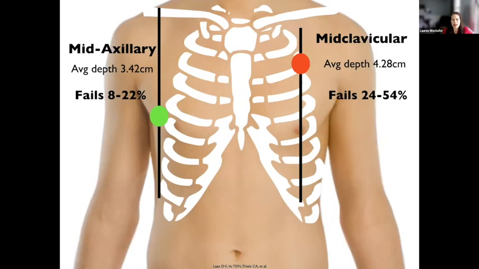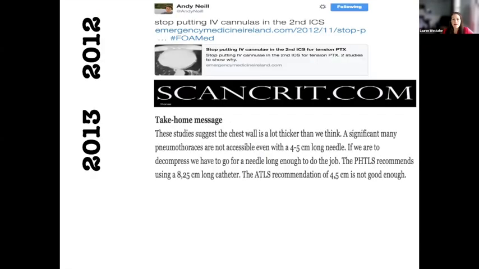And this is because the mid-axillary depth is going to fail sometimes, but it's going to fail less than the mid-clavicular line. That's because the depth of the chest wall at the mid-clavicular line tends to be more than at the mid-axillary line. And so they both may fail, but your chance of success is going to be higher at the mid-axillary line.